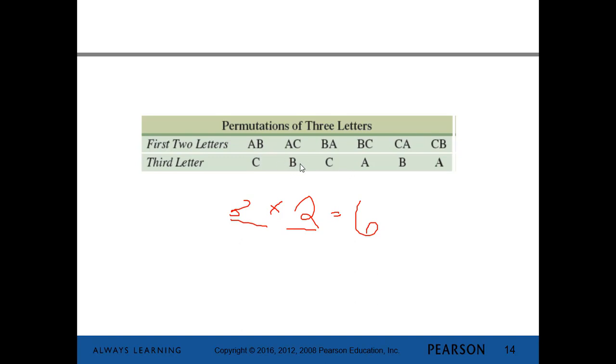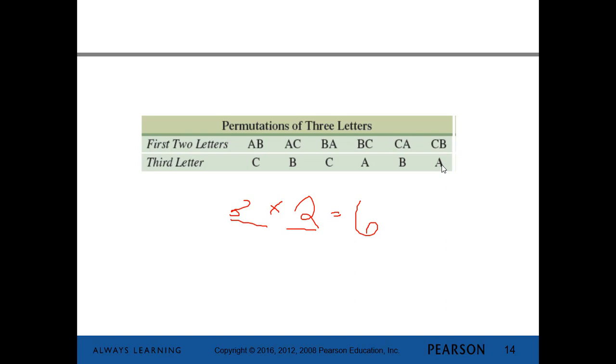So again, if you do A, B, C, you can have A here, or B here or C here. And so you end up with the same outcomes. So you can have C with this one or C with this one. You can have B with this one or B with this one. Or A with this one or A with that one. And so you still get 6.